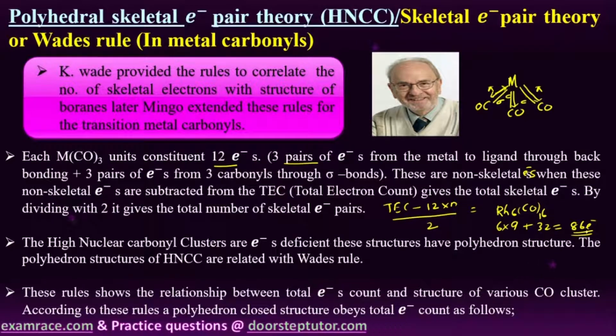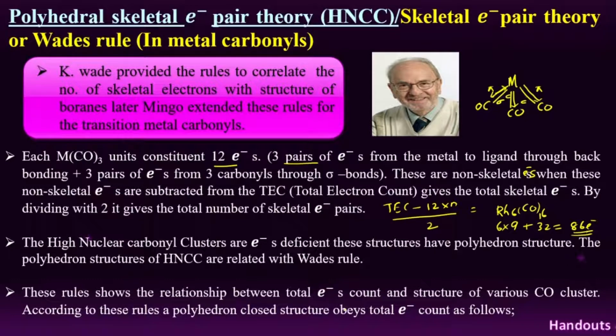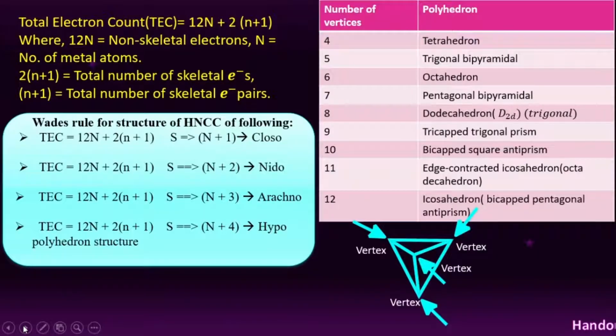According to this rule, a closed polyhedron structure obeys the total electron count as follows. Here you can see the total electron count. This table is very, very important.